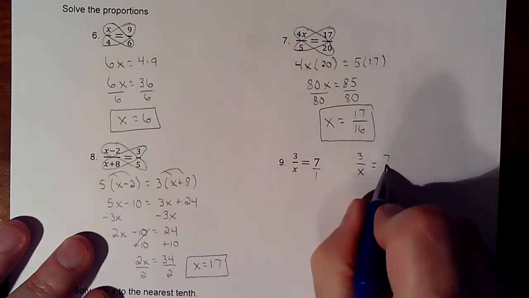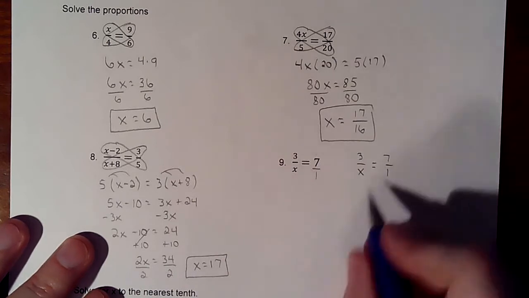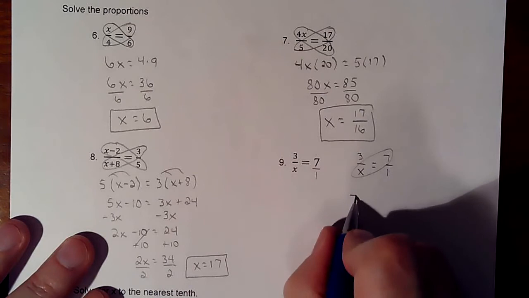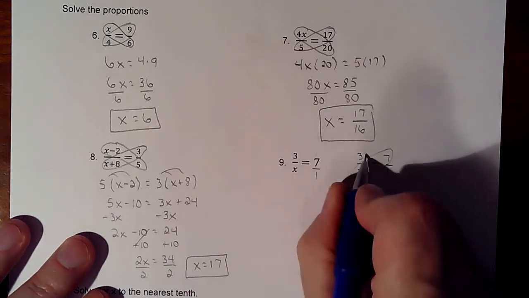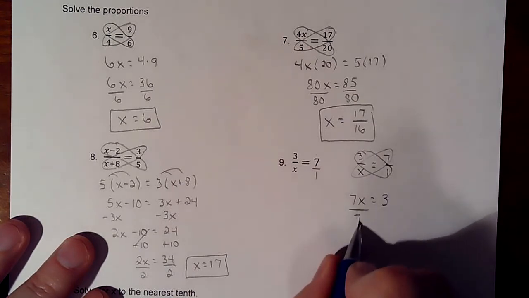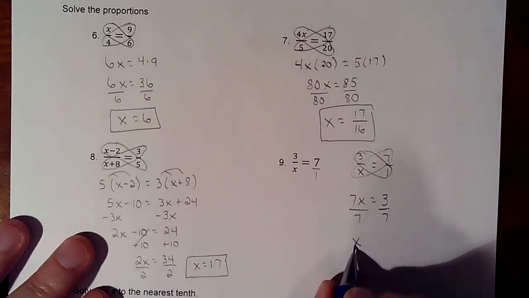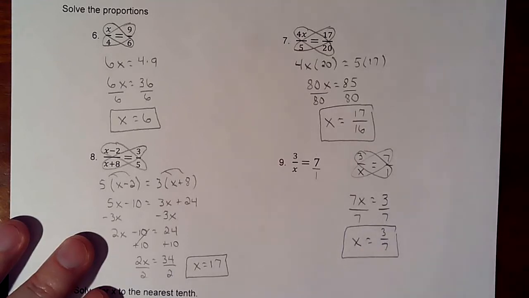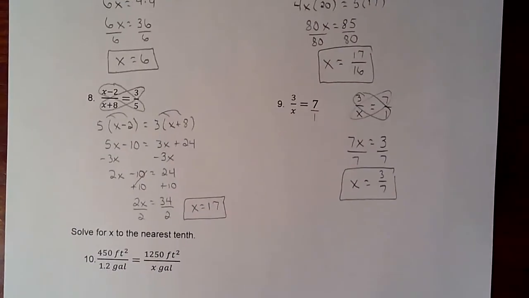So I'd have 7 over 1. And then here's my variable cross product. x times 7 is 7x. 3 times 1 is 3. Divide by 7. x equals 3/7. And there is my solution.